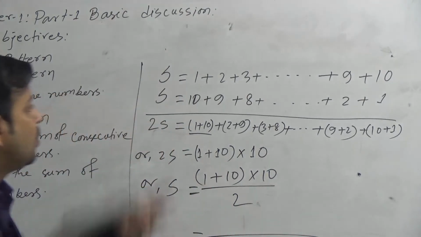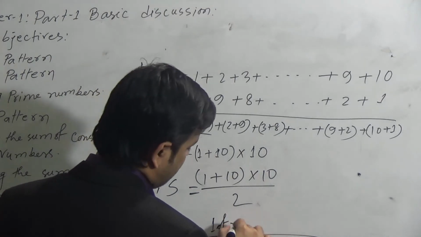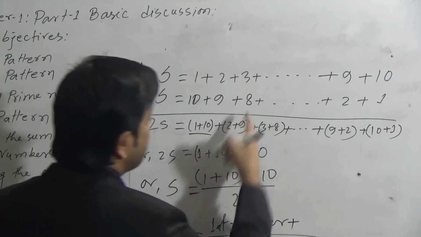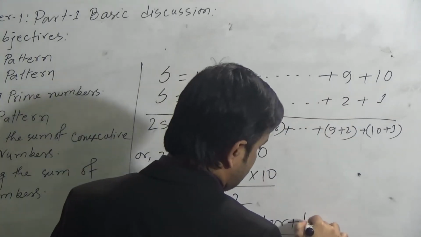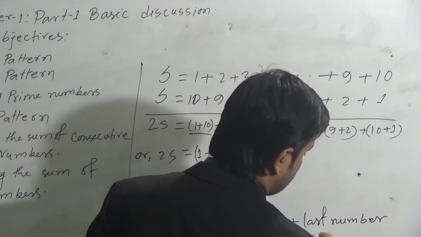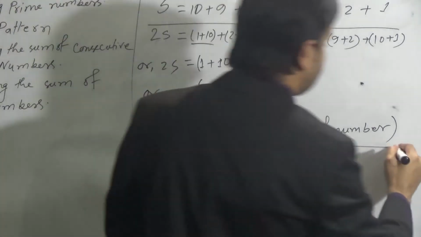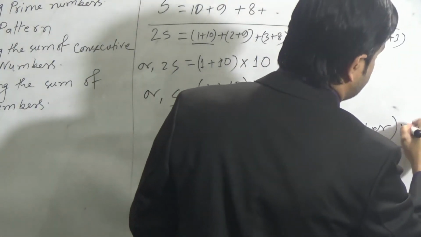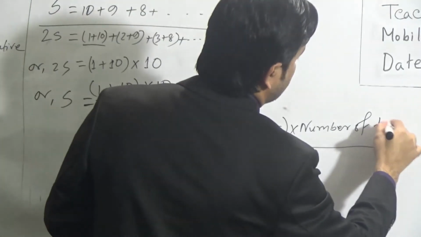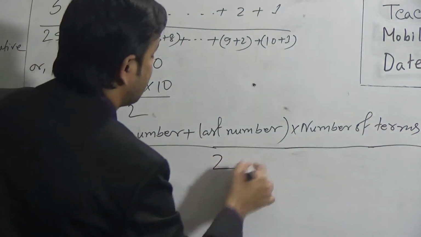What is 1 here? 1 is the first number, so we can write first number. Plus 10. 10 is the last number. Then this 10 is the number of terms. And here is 2.